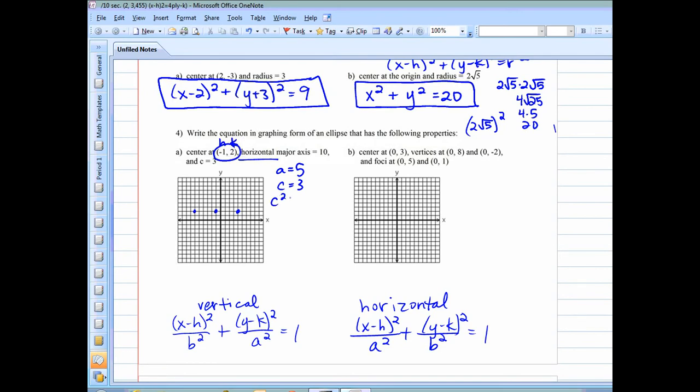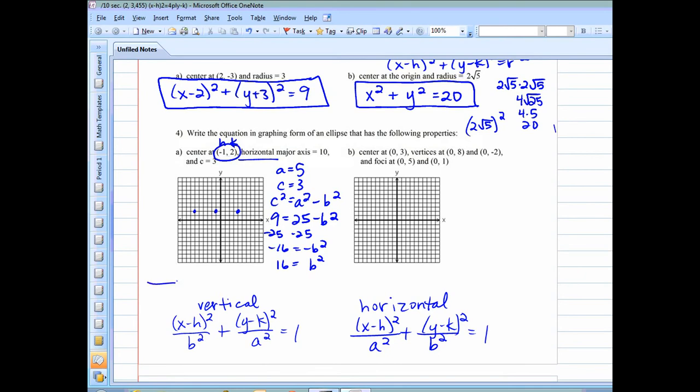Well, we have a c squared equation for an ellipse that is c squared equals a squared minus b squared. So when I plug in the values and solve for b squared, just doing this quick, I get a positive b squared is a positive 16. Remember that b would be a 4, but remember that the b squared is what goes in the answer.